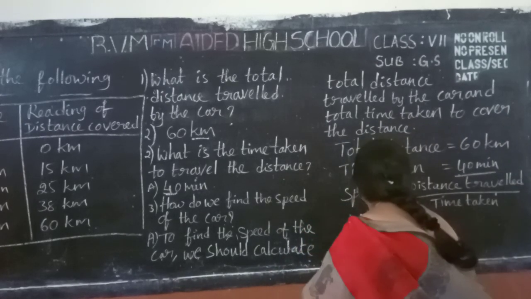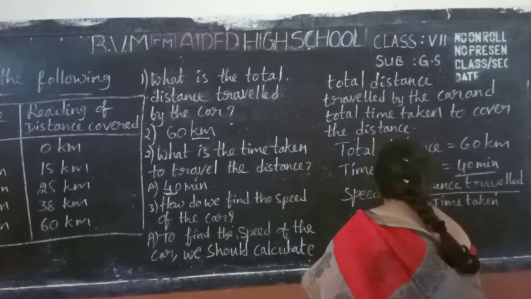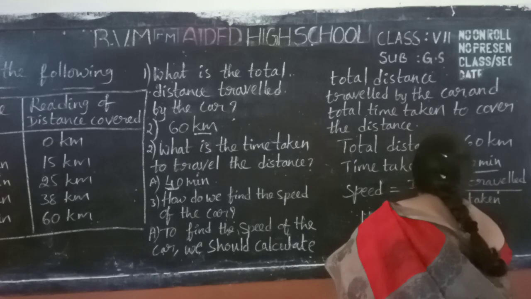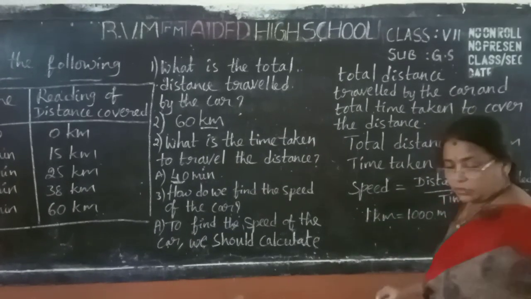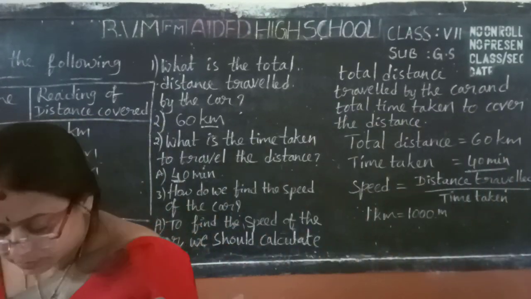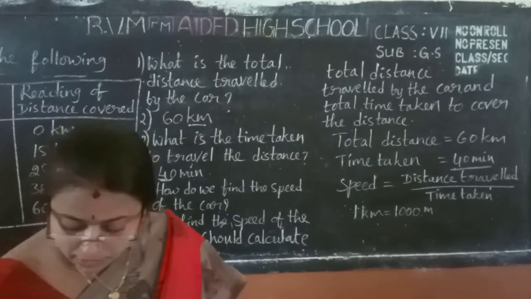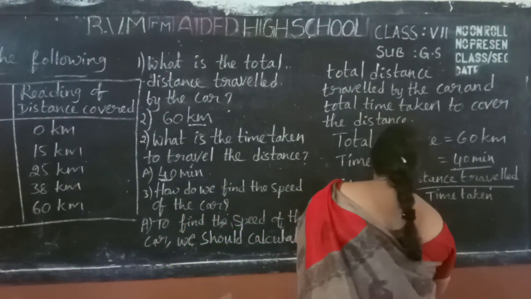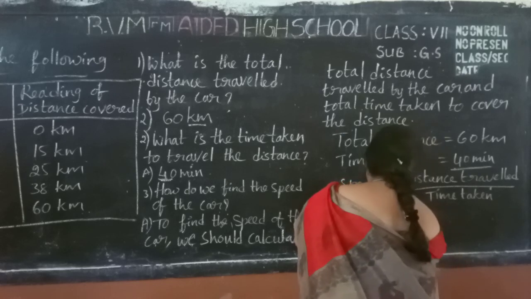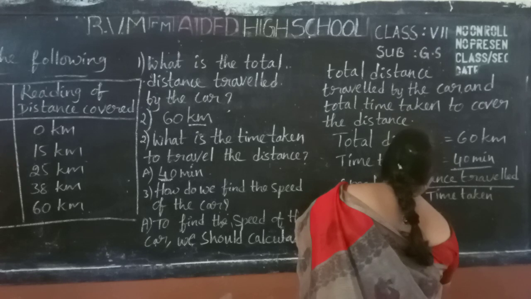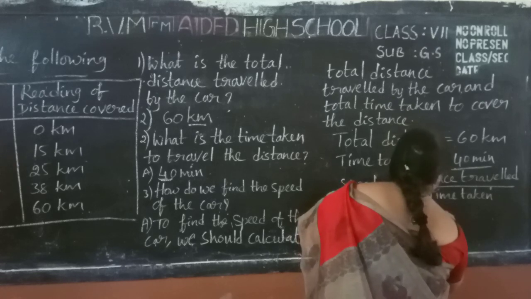So 1 kilometer equals 1000 meters. 1 hour equals 60 minutes.